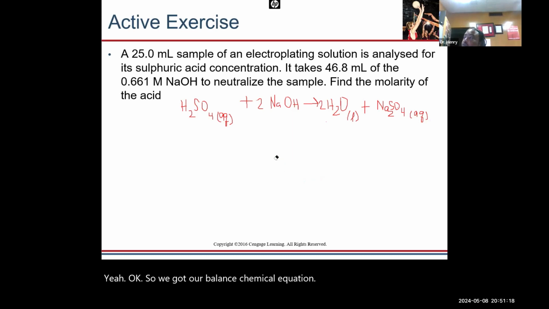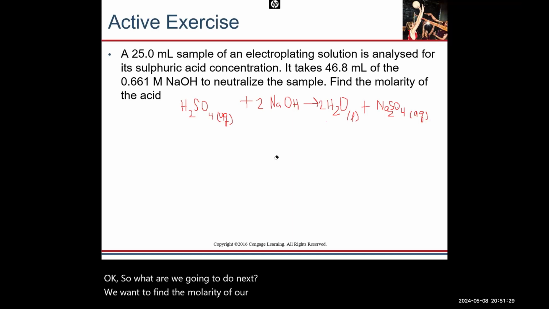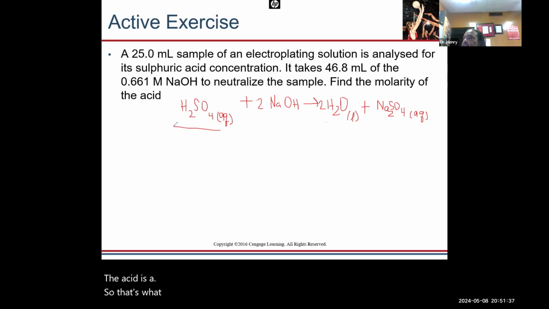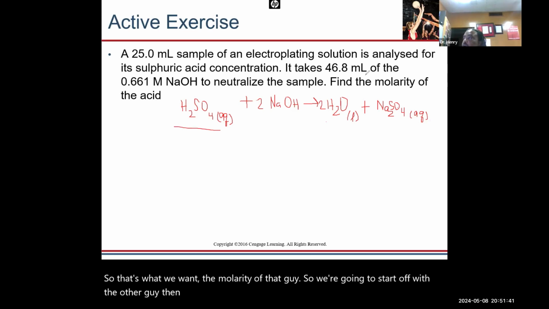Okay, so what are we going to do next? We want to find the molarity of our acid. And our acid is H2SO4. That's what we want. We want the molarity of that guy. So we're going to start off with the other guy then, right? Because we know everything about it.